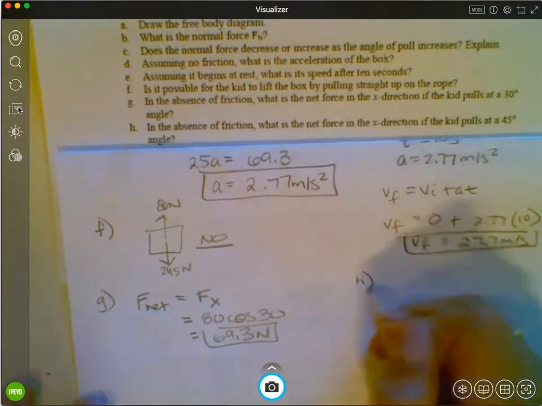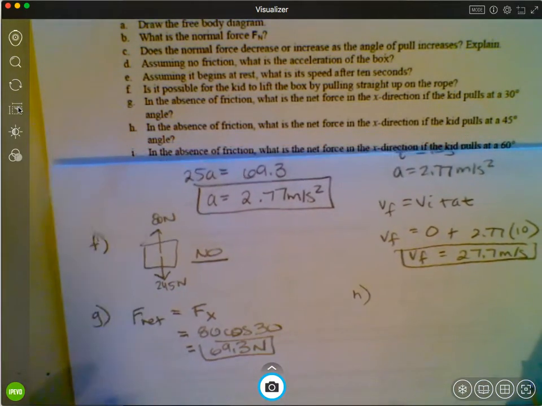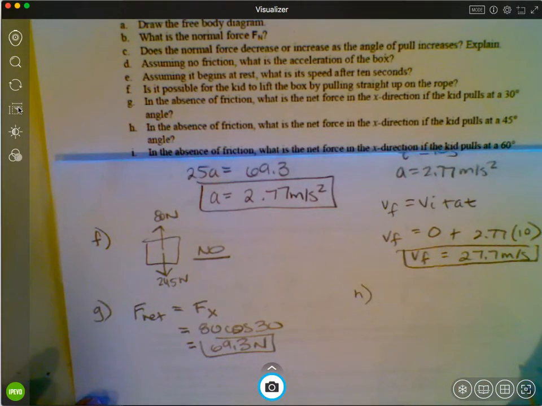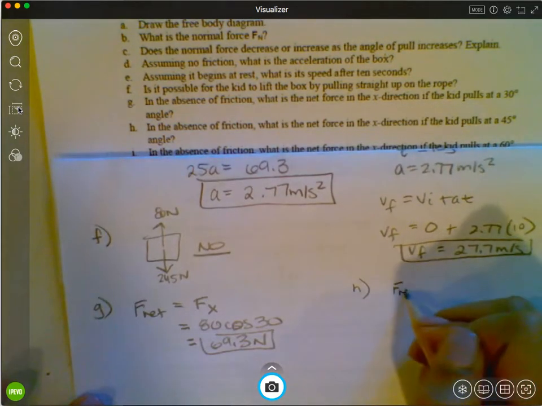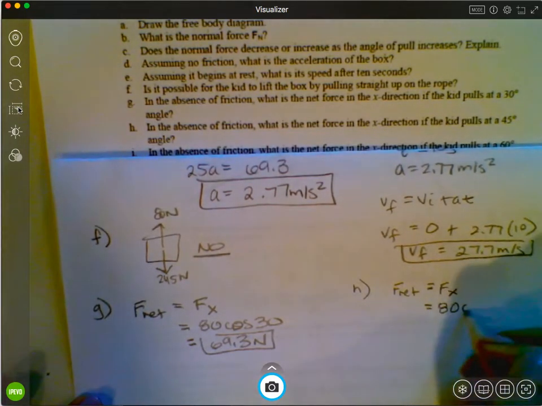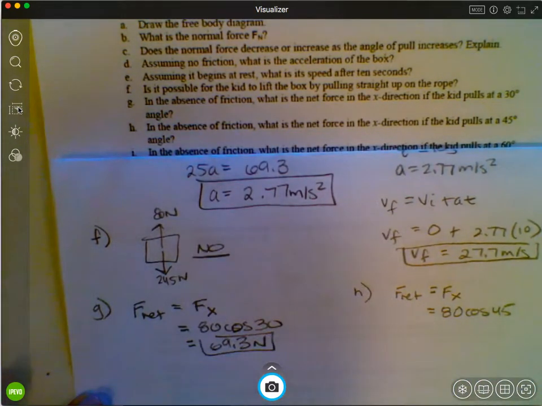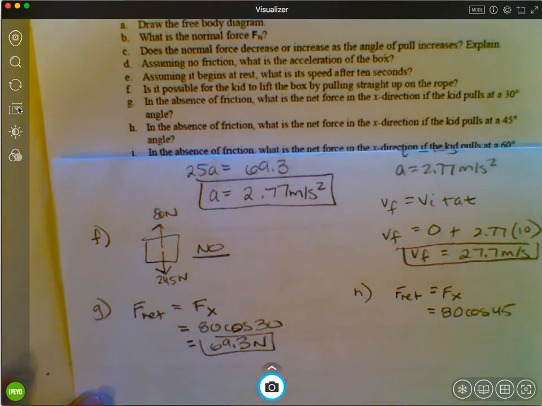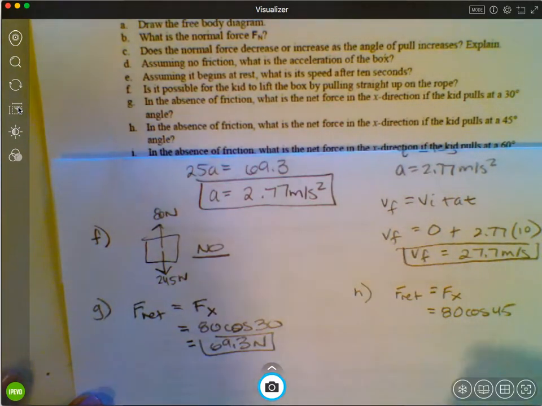All right, and then H. In the absence of friction, what is the net force in the x direction if the kid pulls at 45 degrees? So exact same net force equation, right? Except that now it's 80 cosine 45, which would give us 56.6.